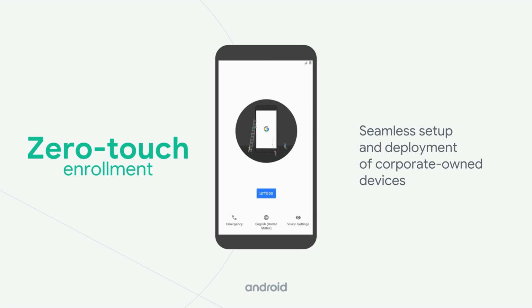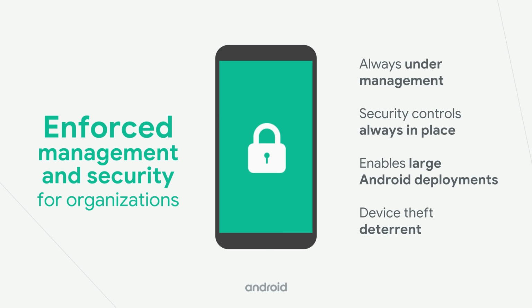If we look at the benefits, obviously, because this EMM agent and client is going to be automatically installed, it's enforced management with more security for the organization. So the device will always be under management. There is no way to escape out of this setup wizard. So the EMM client will always have to be installed on this device, and you make sure that the security controls are always in place.